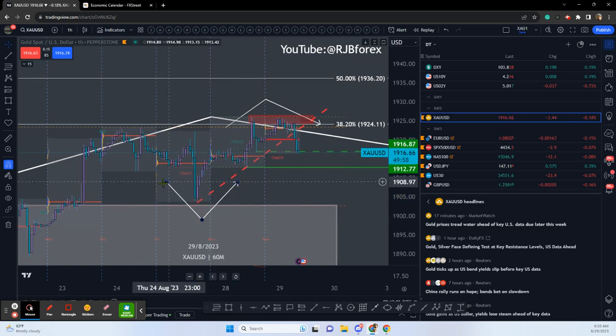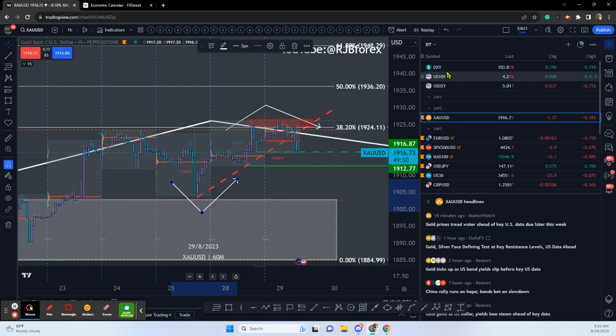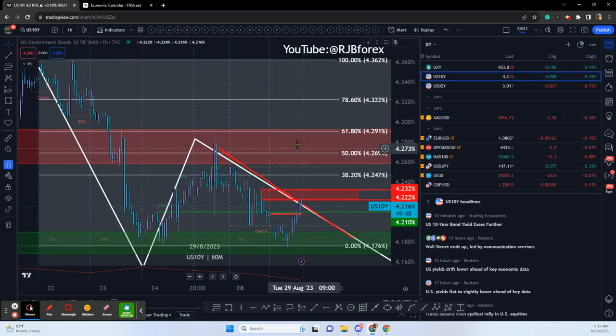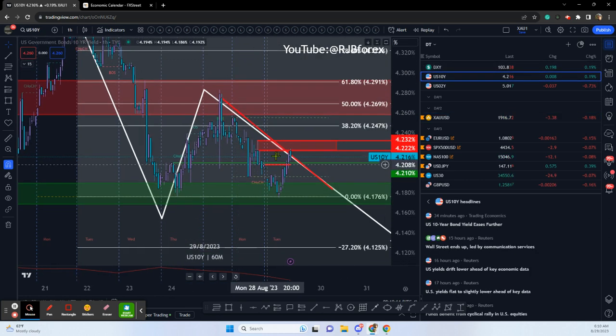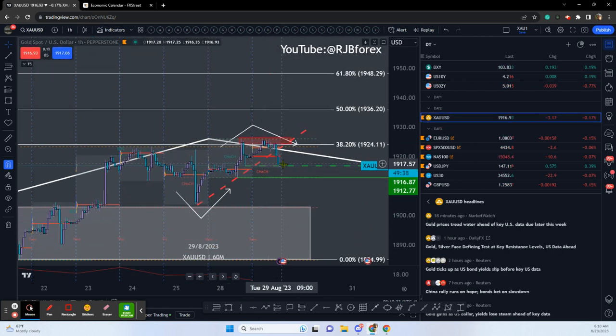Again, if yields do what I suggested they might, then that would also play into the bullish thesis. So if this 10-year yield fails at this resistance and continues to the downside, then that is only going to result in a move up in gold.